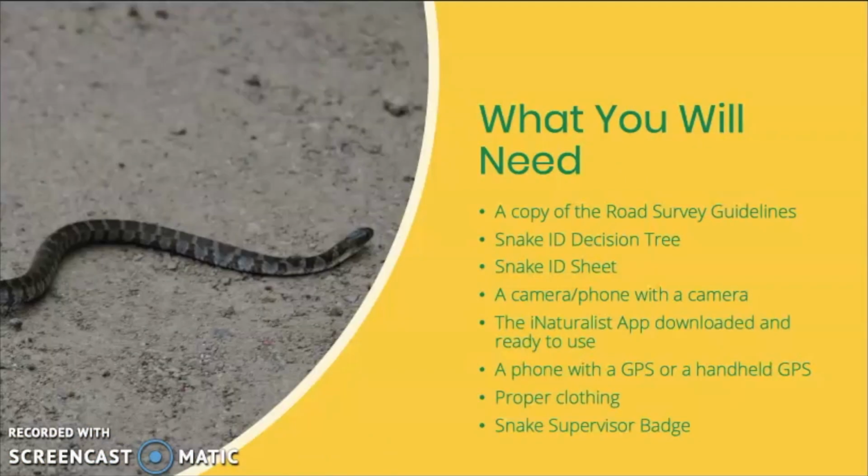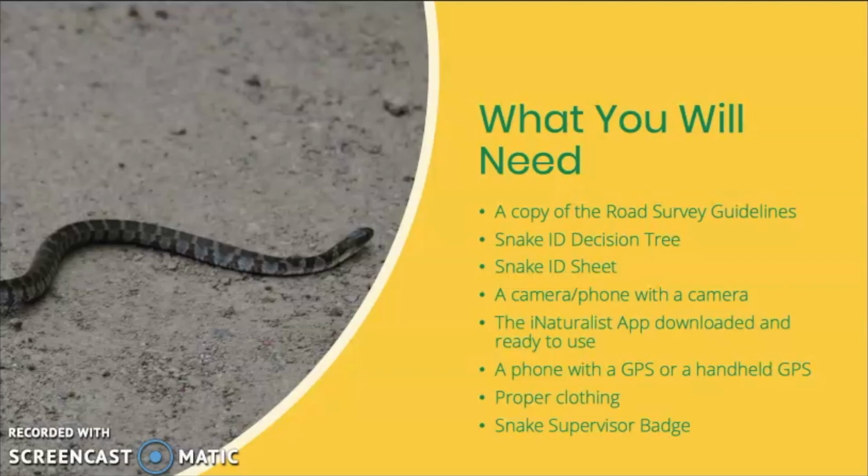Alrighty, so what will you need in order to carry out these surveys? Number one, you need a copy of the road surveying guidelines, which will be sent to you when you register as a volunteer. You also need your Snake ID decision tree and Snake ID sheet, which will also be sent to you when you register. You need a camera or a phone with a camera.